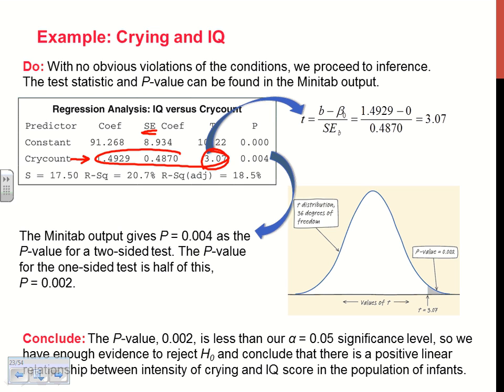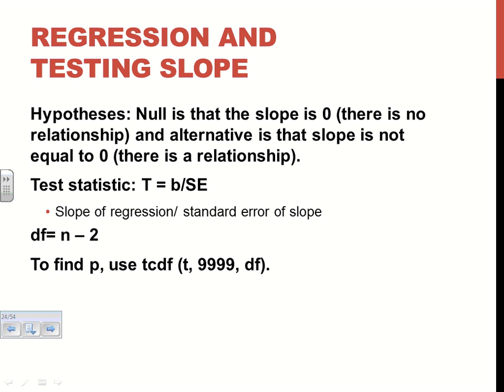So now we can compare our p to the alpha. 0.002 is less than our significance level here. So we have enough evidence to reject the null and conclude that there is a positive linear relationship between the intensity of crying and IQ scores in the population of infants. Crazy. So if you ever have a kid when you're older and it cries a lot, it might be because they're really smart. Or it might be because they're hungry or you need to change their diaper.